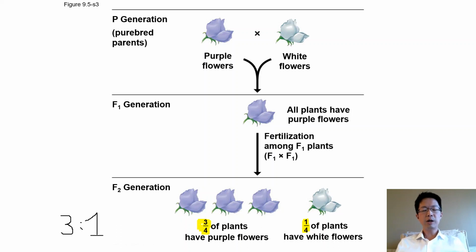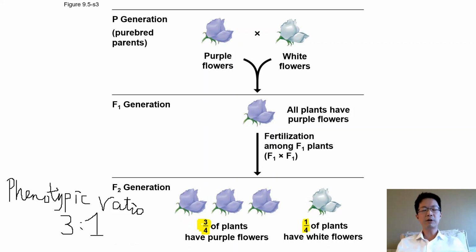And 3:1, this is what we call the phenotypic ratio. Remember phenotype.